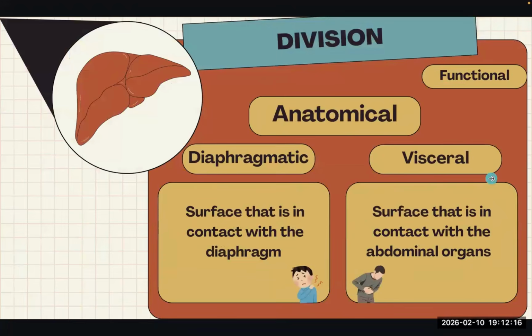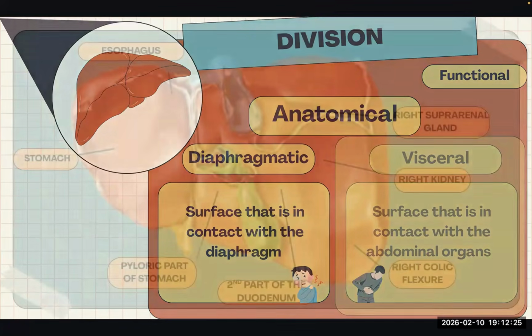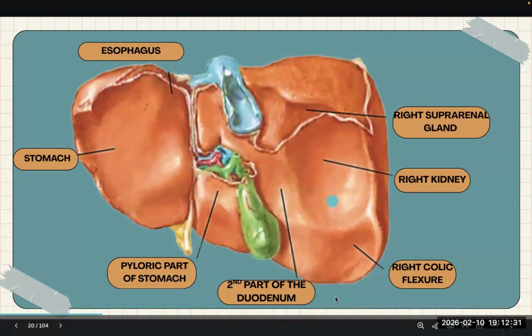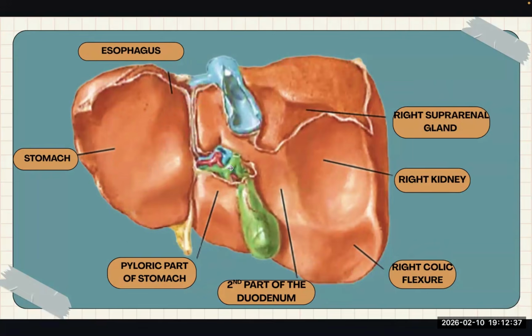Now, let's move on from the diaphragmatic to the visceral surfaces, which are the surfaces in contact with the abdominal organs themselves. If you look at it, honestly, it's a bit overstimulating. On this side, you have esophagus, stomach, biliary part of the stomach, right colic flexure. So instead of passively reading through them, I'm just going to tell you how to make sense of them.